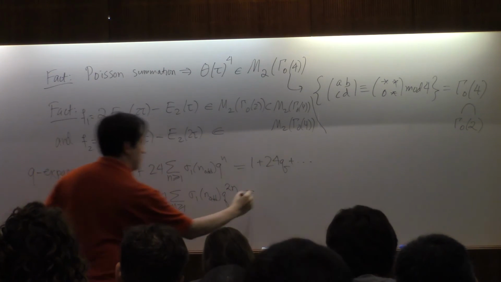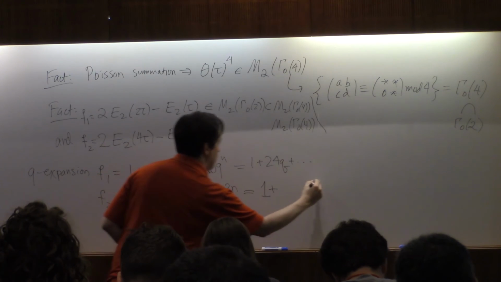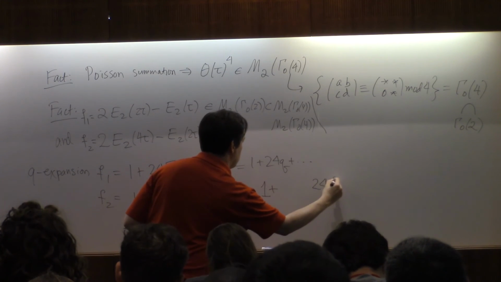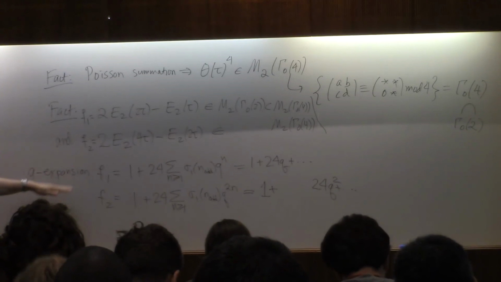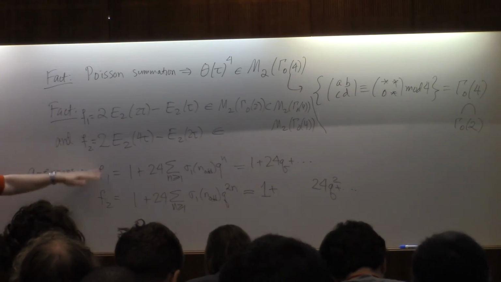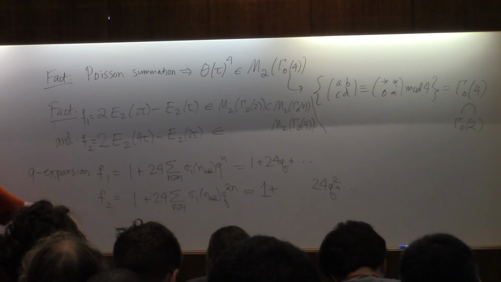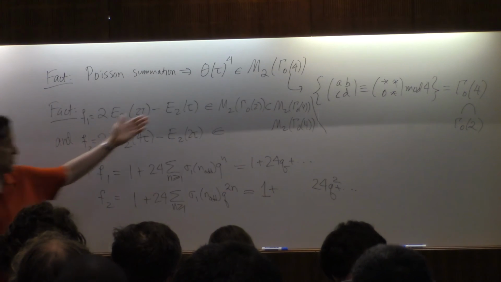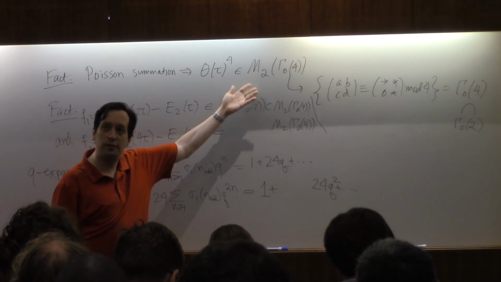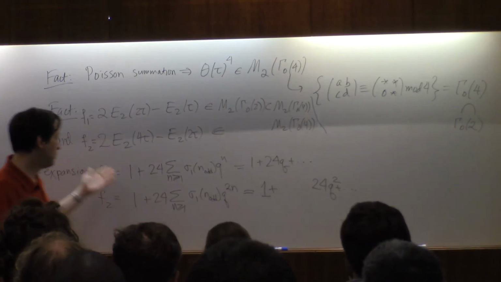And so in fact, it starts off with 1, but the next non-zero term will be 24q squared, the linear part is 0. And so you can see immediately that these are not scalar multiples of each other. They have the same first coefficient, but they don't have the same linear coefficient, for example. And if you trust me, please do, this is a two-dimensional space, well, then here's the basis.